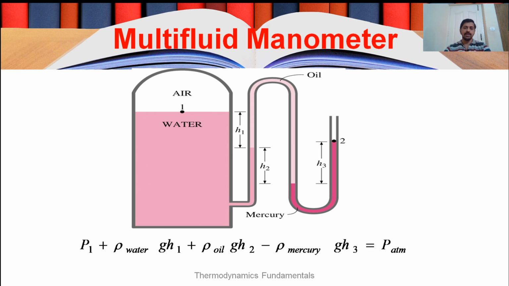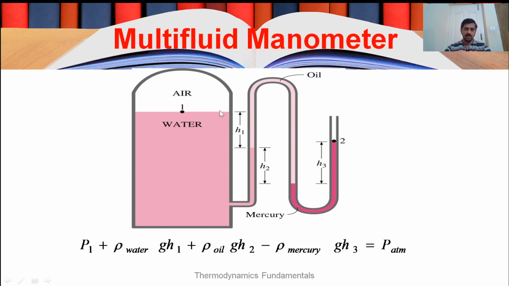It will get cancelled out, because here the pressure will be increasing downwards and here the pressure will be decreasing. When you are moving up in a fluid, the pressure will be decreasing. So this level, this line, is taken as the reference line for the first term, that is rho into g into H1. So P1 plus rho into g into H1.